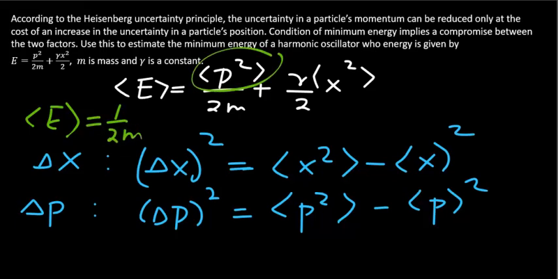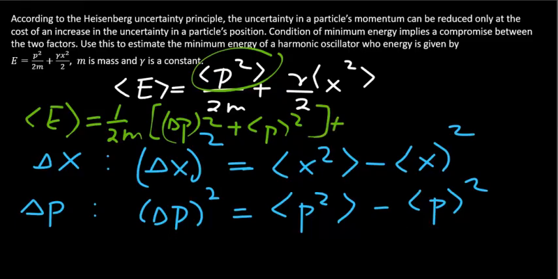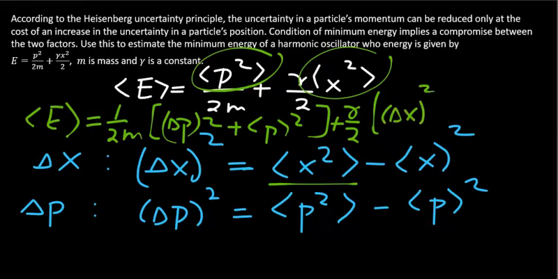This expression can be rewritten in terms of uncertainties in the following manner: delta p squared plus the average of p squared. And likewise for the position part, this can be rewritten using that expression in the following manner: delta x squared plus average position squared.